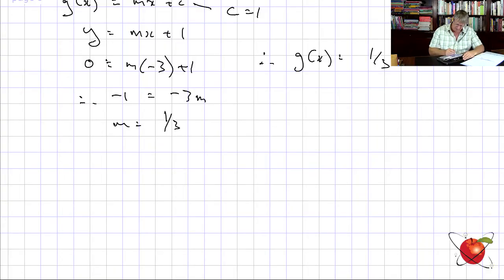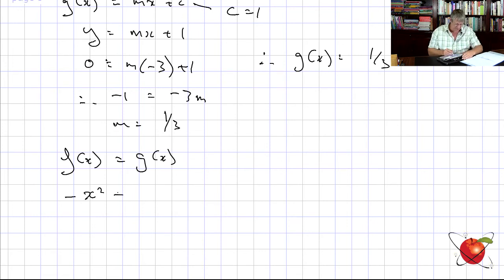So that is where f of x is equal to g of x. So we just put them equal to each other. And we've worked out f of x is minus x squared plus 9 equal to minus 1/3 x plus 1.